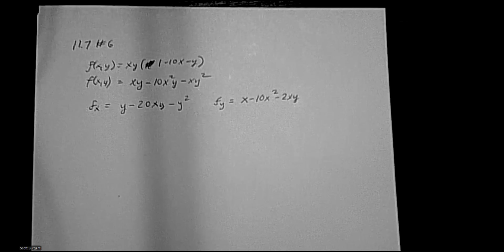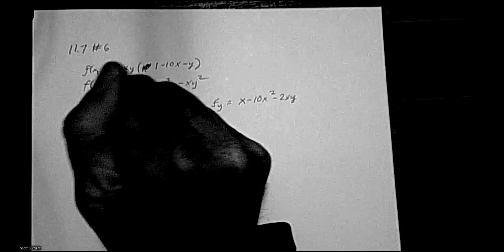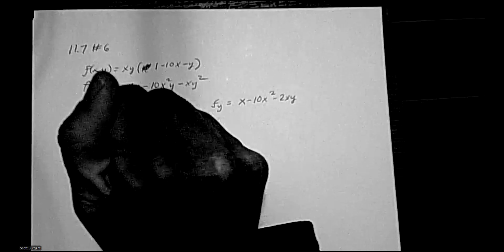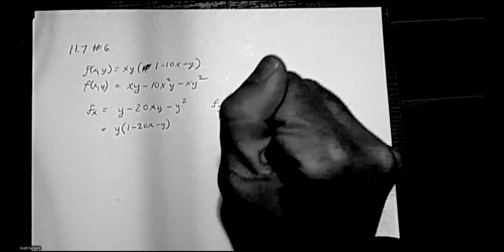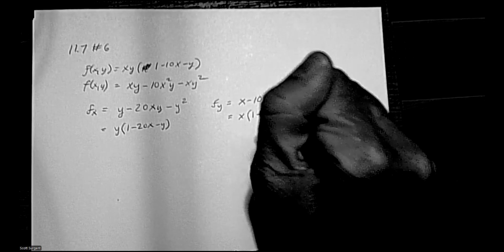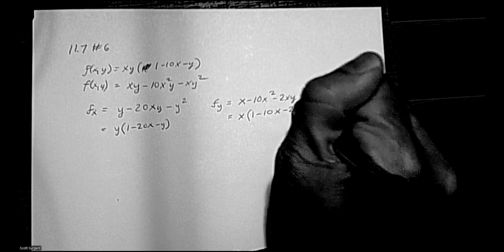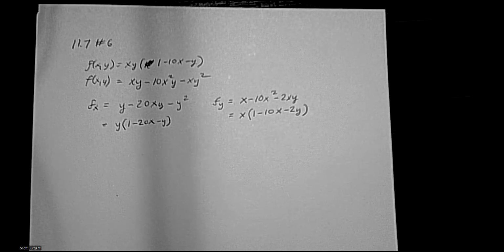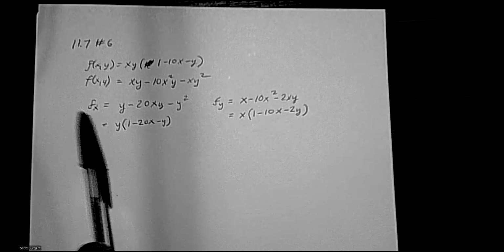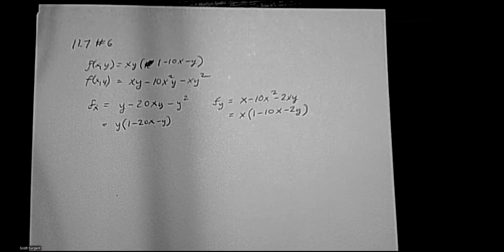Now here you just have to roll up your sleeves and do a bunch of algebra. Turns out in the first one you can factor out a y, and in the second one you can factor out an x. You get something like that, right? So what you want is to make sure that these partial derivatives are zero at the same time.